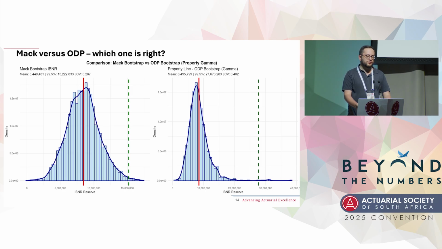And yeah, so it's quite a difficult problem to solve. Anybody want to venture a guess what's a better model, the one on the Mack or the ODP? I've been asking this question for a long time and no one ever gives me an answer. Why? Sometimes imposing distributional assumptions is good.